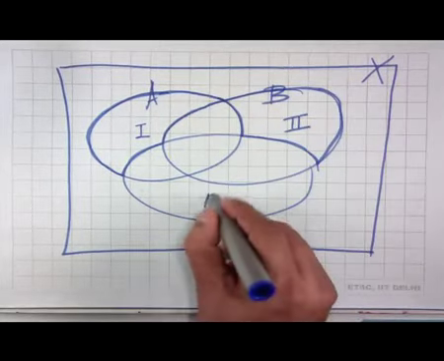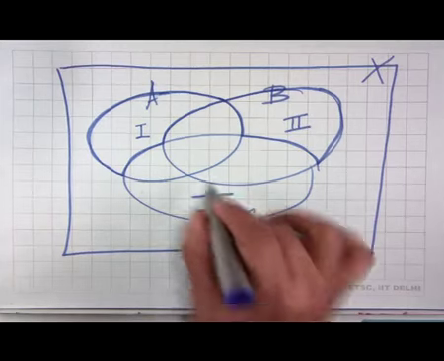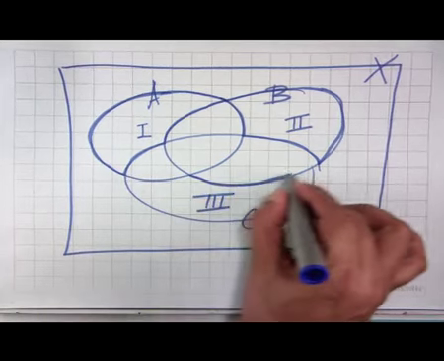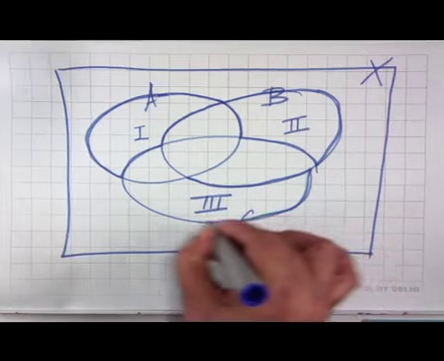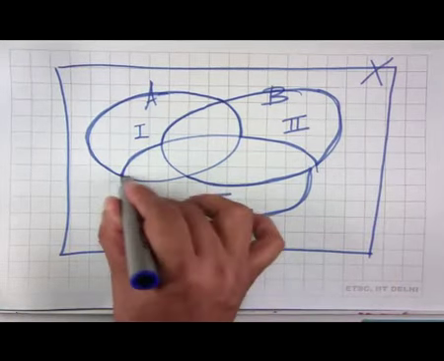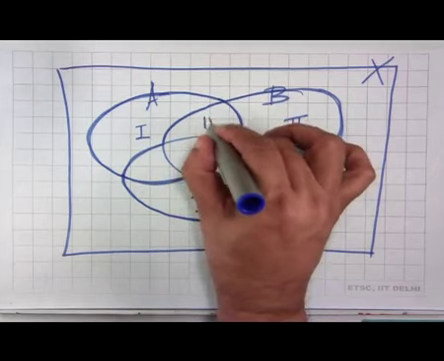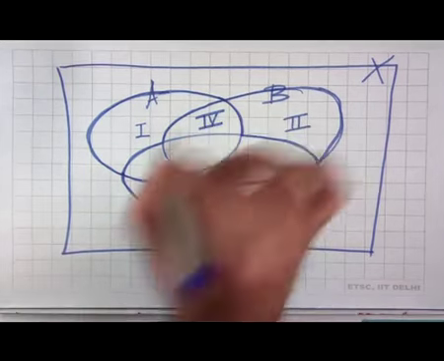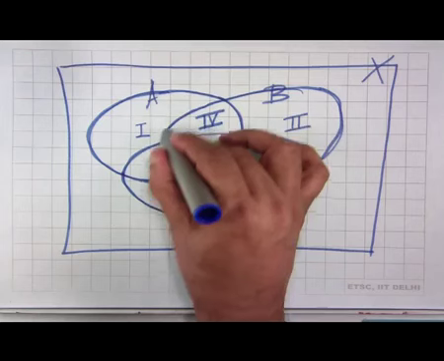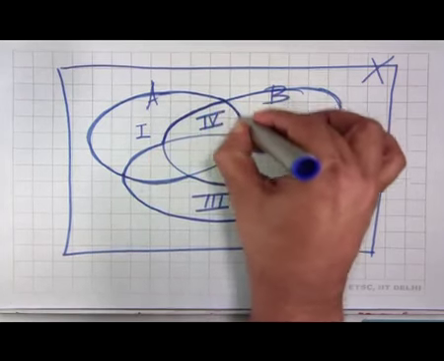Let me call this region 3. This is enclosed by the following boundary. Let me call this region 4. So this is traced out by this boundary.